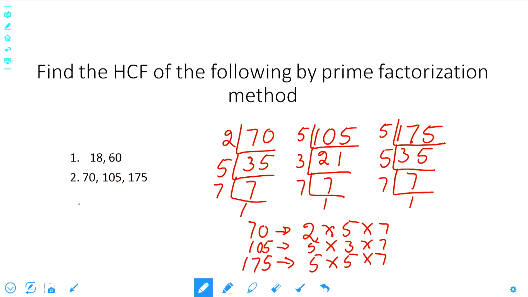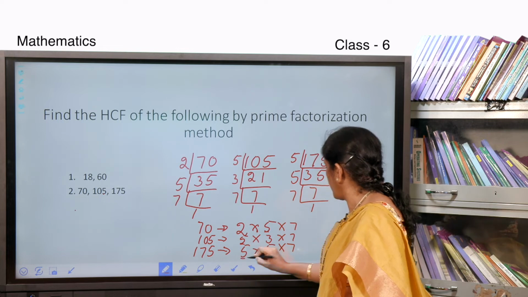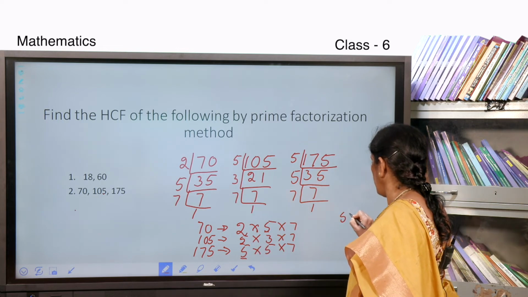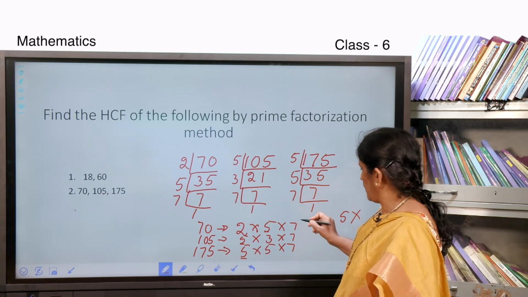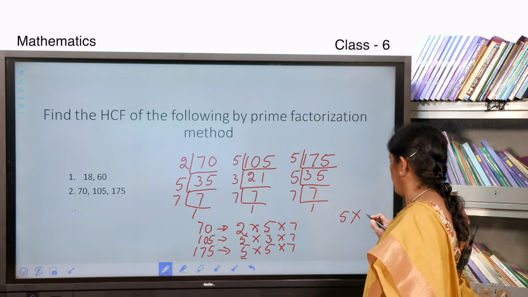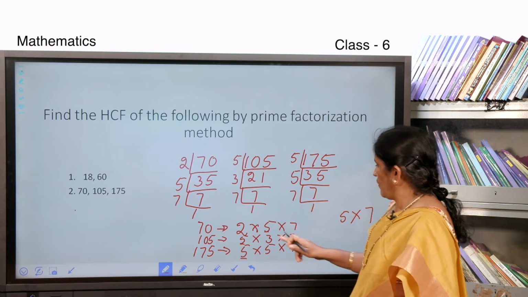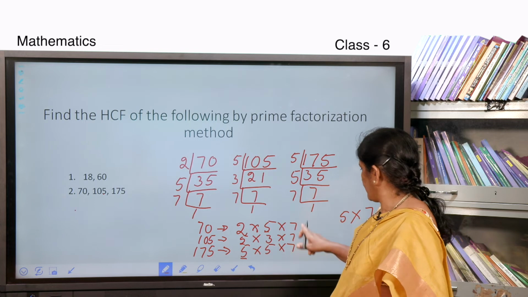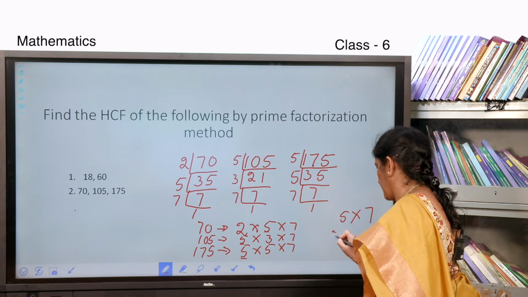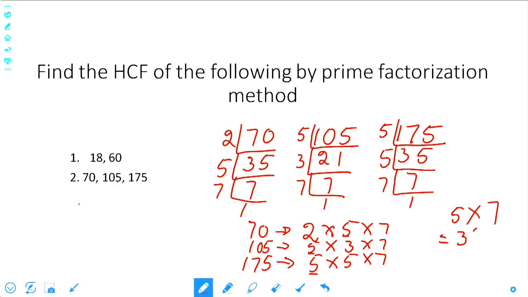Here which are common? This 5 and this 5. So, 5 is common. Next, this 7 is common. We can say only one 5 common and 7. 5 into 7 is 35. So, HCF is 35.